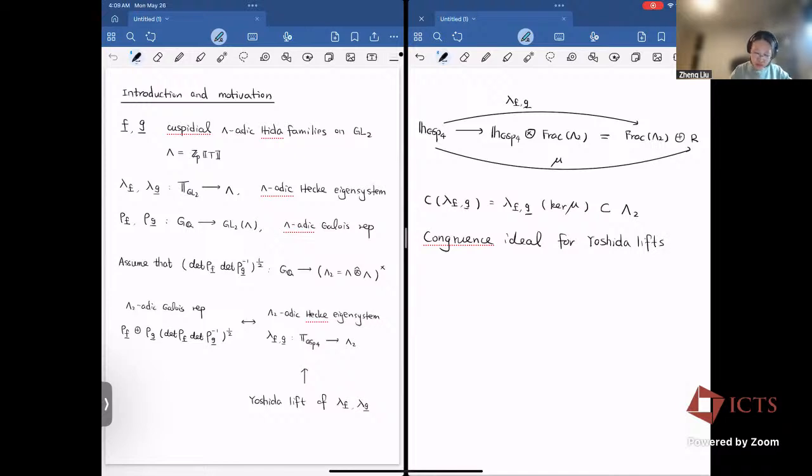And we know that because we have a reducible representation here, if we consider the congruence with the other Hecke eigensystems showing up for GSp4, by using Ribet's lemma, we can produce a lower bound for the size of the Selmer group for ρ_F tensor ρ_G.